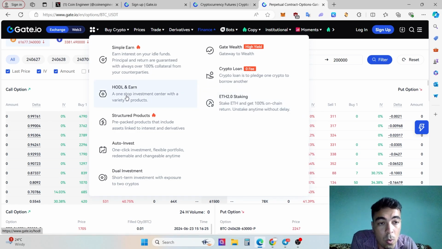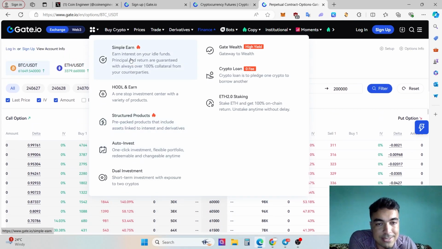For example, if you are a GT token hodler, you can at the same time get a passive income from the GT token. I had already talked about that at the startup side. Structured products are pre-packaged products, you can use them to get some passive income. Auto invest, you can build your own auto investment portfolio and you can copy some other auto invest portfolios and trading strategies. And simple earn, just stake and earn some other currencies.